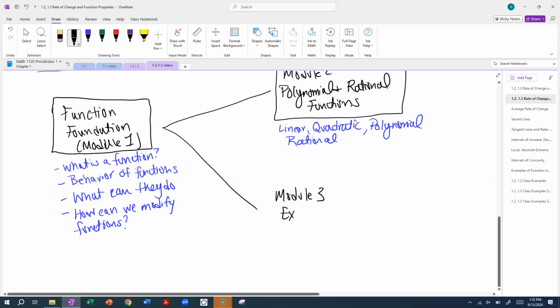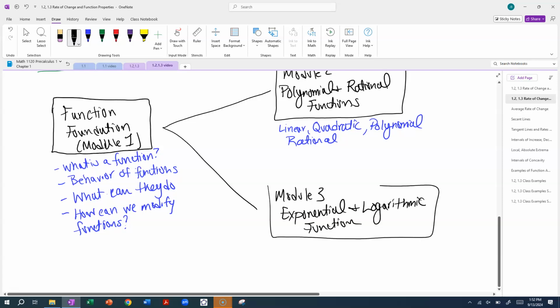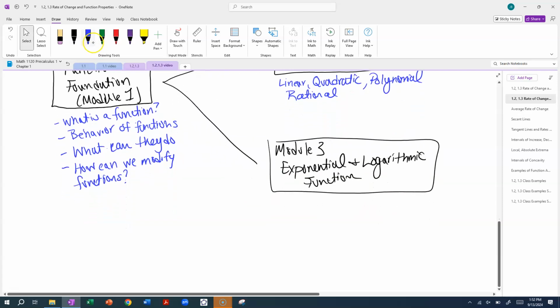Module 3 is exponential and logarithmic functions. You've probably seen an exponent before. Here we're looking at two classes of functions: exponential, which looks something like, in function notation, f(x) = a^x, so the variable is in the exponent.